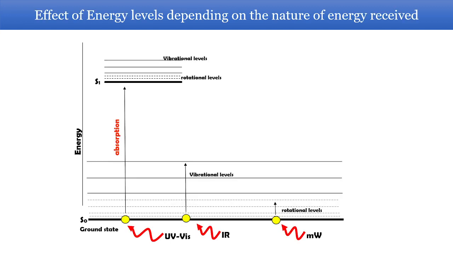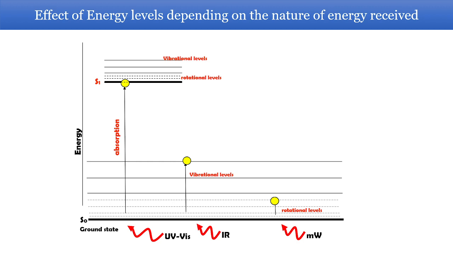Okay, and then we have the effect of the energy levels, where when we are providing UV visible light that is of higher energy, it is moving from the ground state to another higher orbital. Each level has rotational as well as vibrational levels inside them.